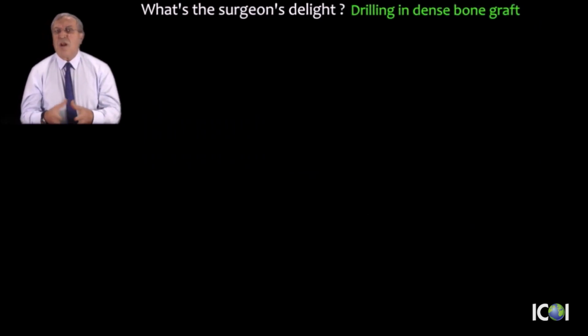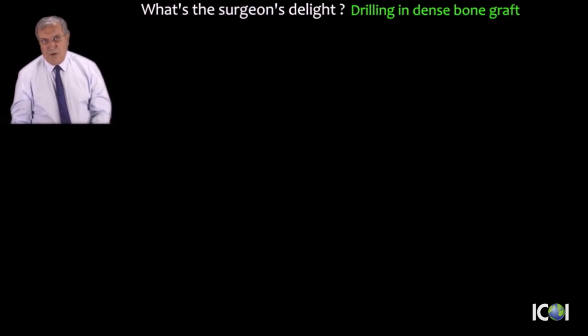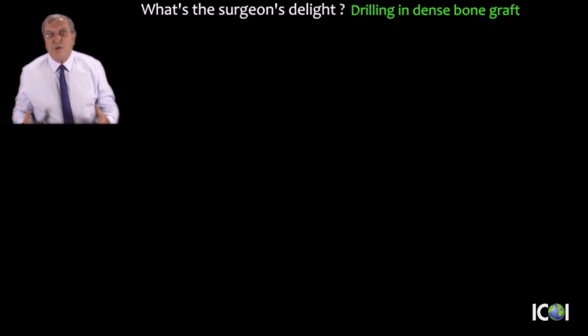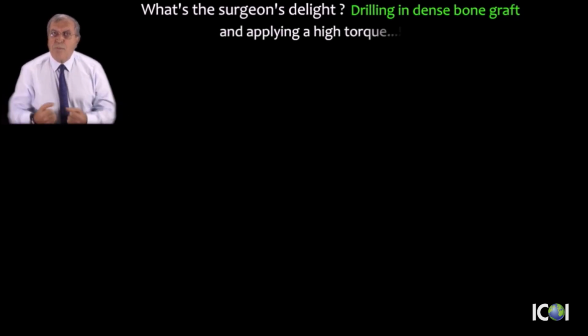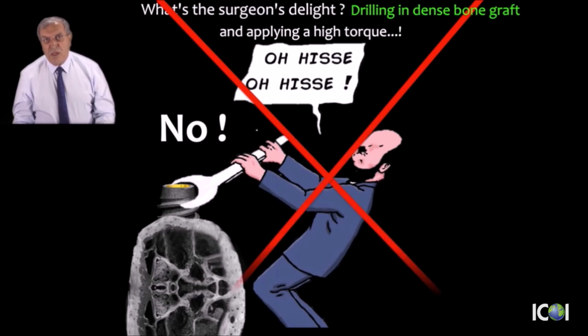What is the surgeon's delight? Surgeons enjoy drilling into a dense bone graft. This is their pleasure. And when they meet a dense graft, they apply a high torque because they believe that it will be good. Definitely, it's a big mistake.